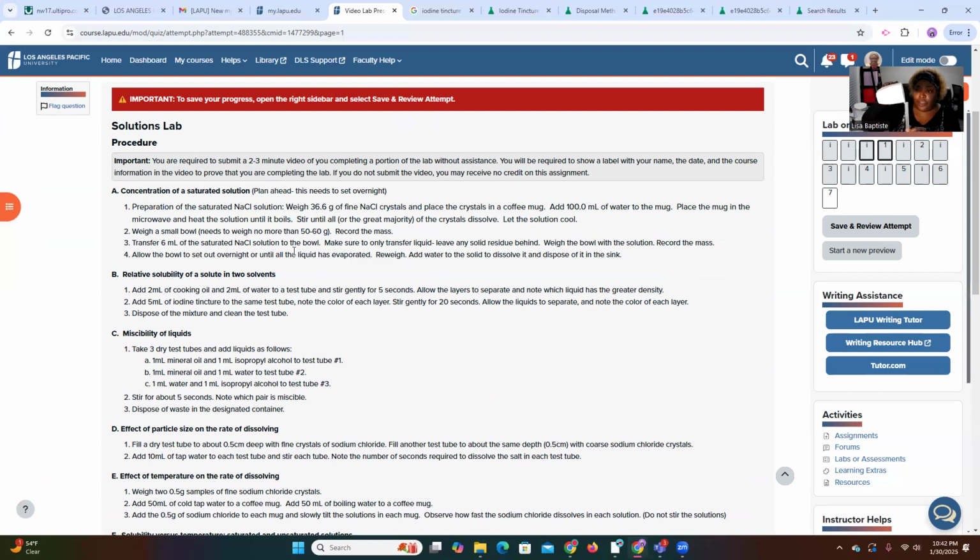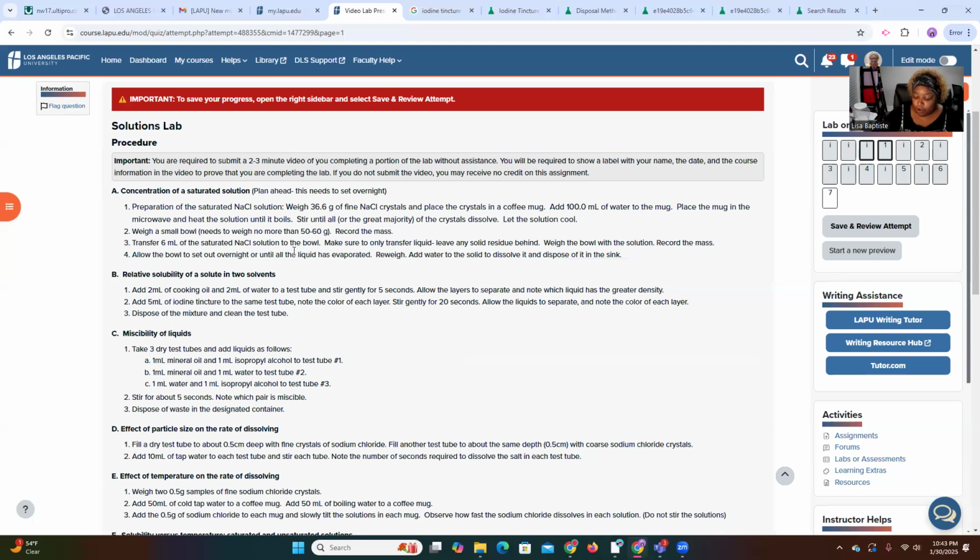You're going to pour it slowly in here because you only want 6 milliliters. That's why I said you can use this, because it's not going to be much that you pour in here. So you're going to transfer that here. Make sure that only the liquid transfers. If you have any solid in your mug, you do not want it in here. You just want liquid, all right?